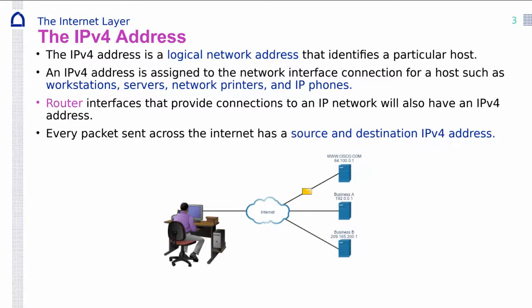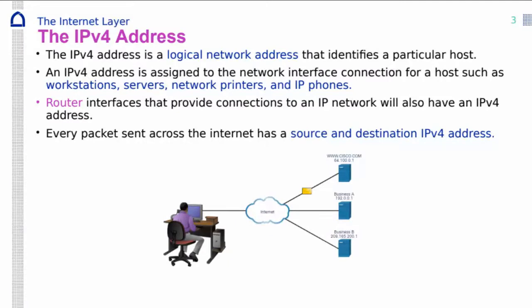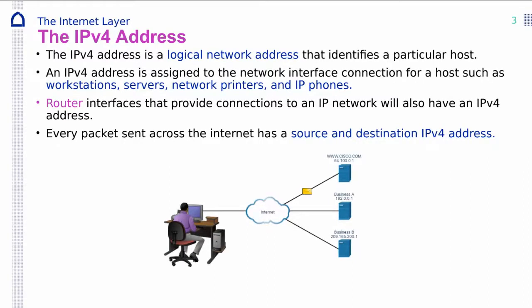Router interfaces that provide connection to an IP network will also have an IP version 4 address. So if your router has physical interfaces like Fast Ethernet or Gigabit Ethernet, each interface of the router should have an IP address.